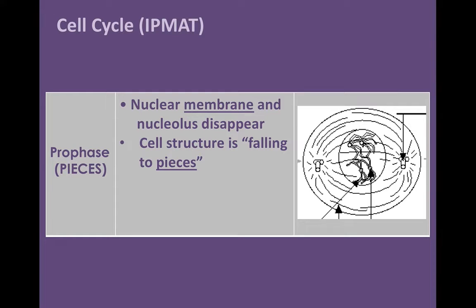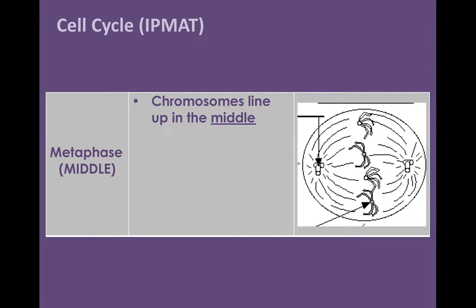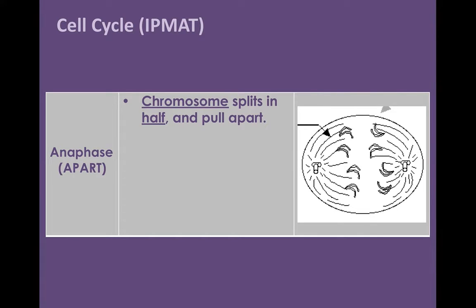The M in IPMAT stands, of course, for metaphase, but also let's remember that this is when the chromosomes line up in the middle. So please add the word middle under metaphase to remind you what's happening during metaphase. The A in IPMAT stands for anaphase, but also reminds us that this is when the chromosomes are being pulled apart.